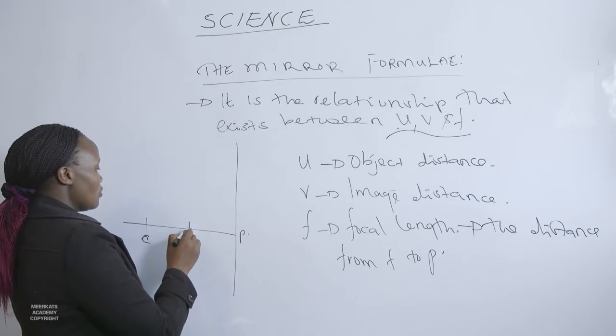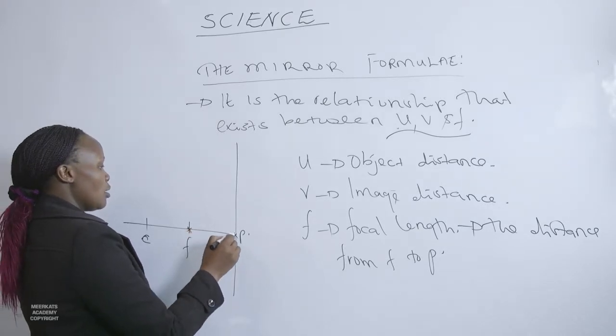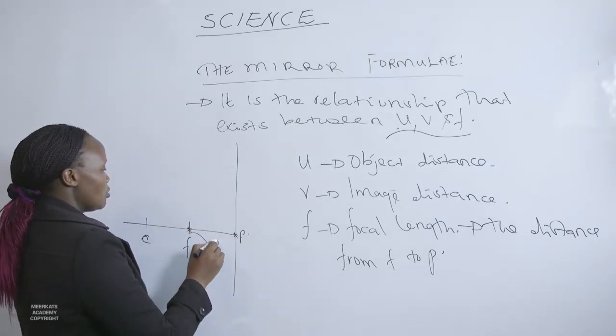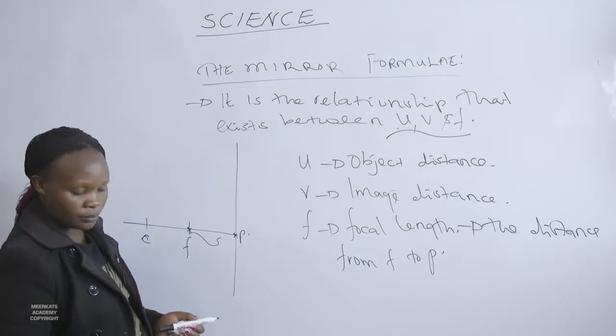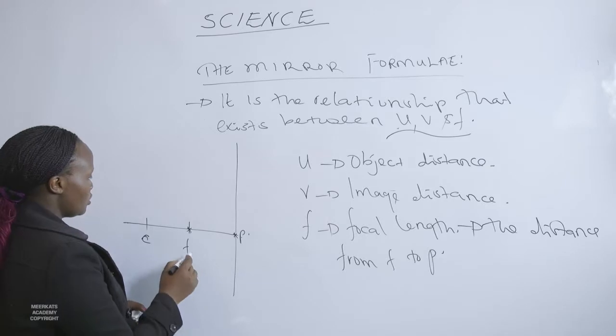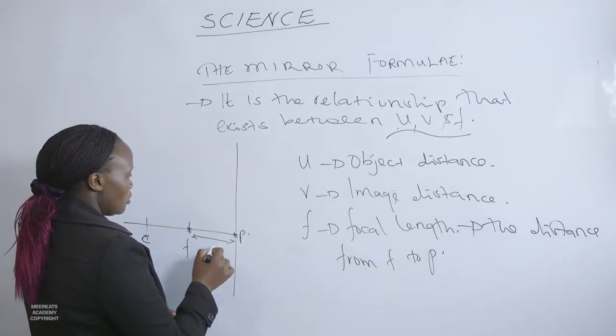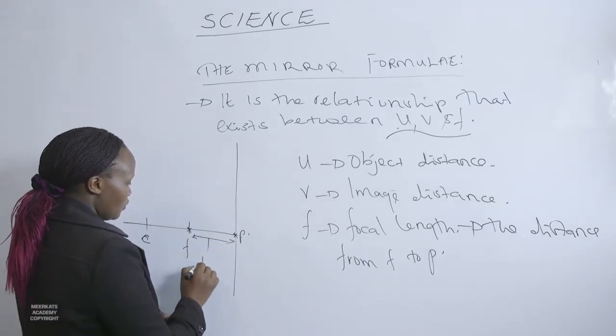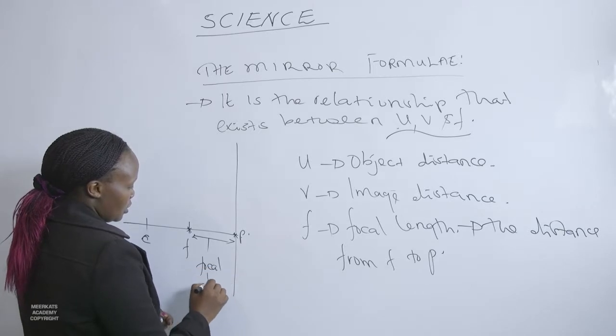Now the distance from F to where the pole is, this one here, is what we call the focal length.